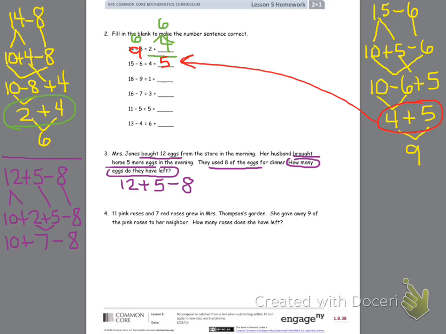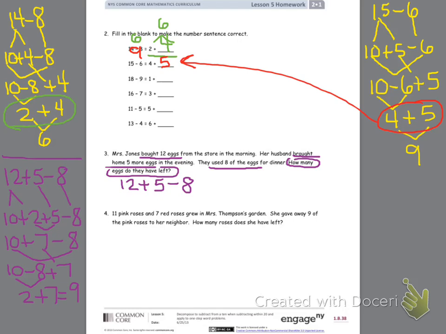We can't have 7 take away 8, so we better go ahead and go over here and do 10 take away 8. And then don't forget to put the plus 7. 10 take away 8 is 2. And 2 plus 7 is 9.